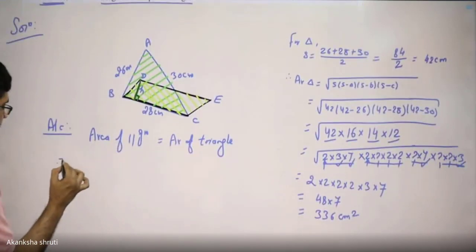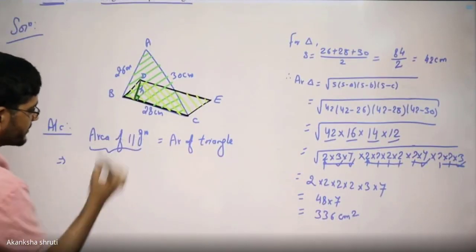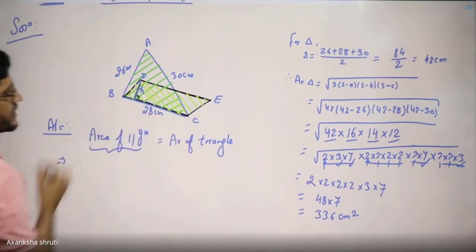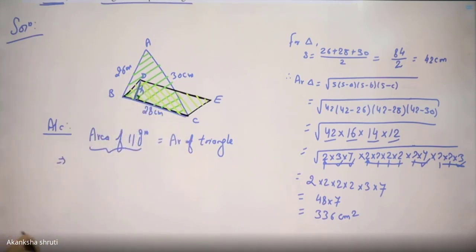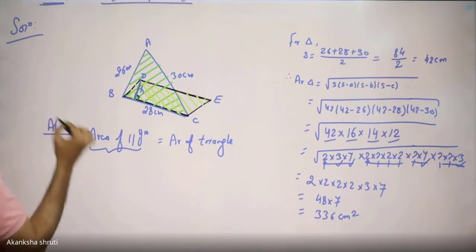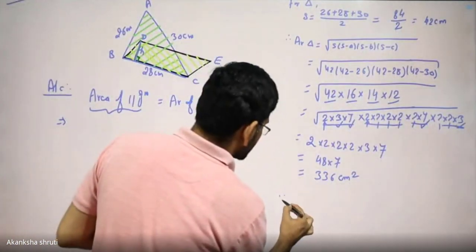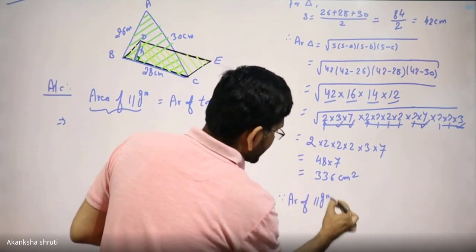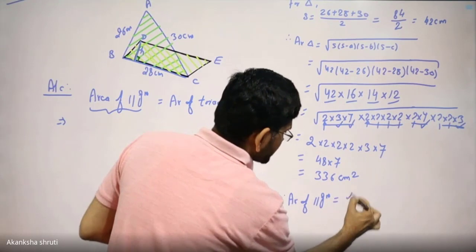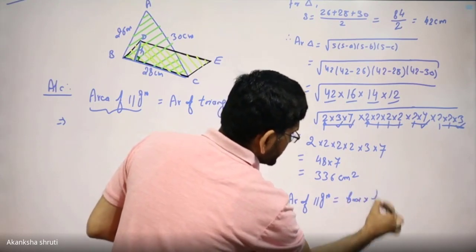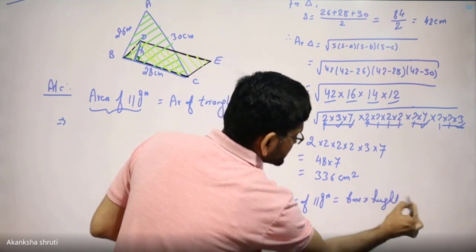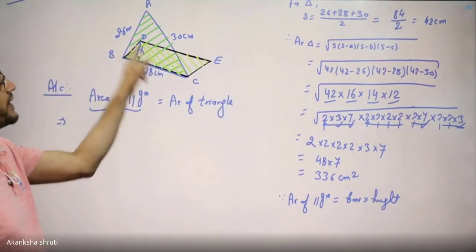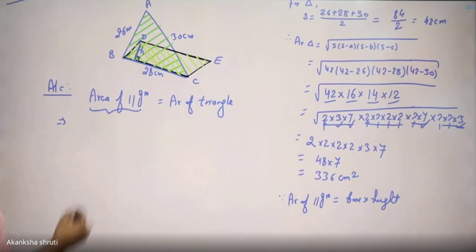Students, area of a parallelogram by formula is calculated by its base into its height. Like a rectangle, it is base into height. Here there is no half. Base could be any of the sides and height will be the perpendicular from the other vertex.